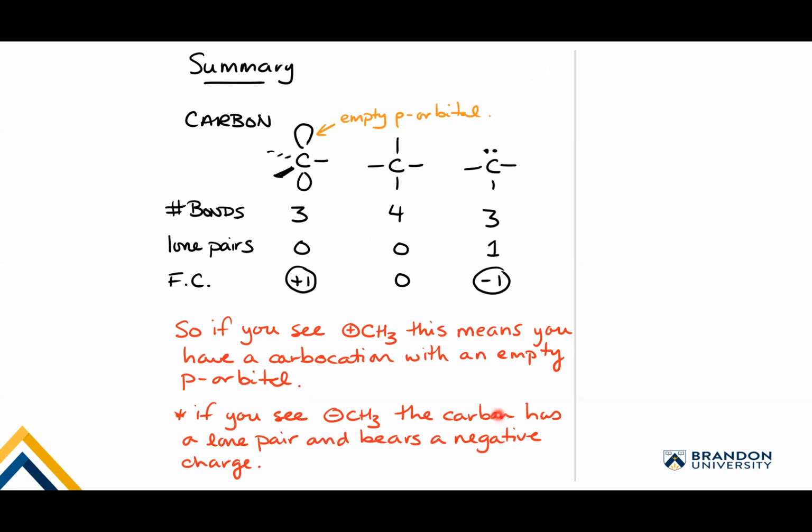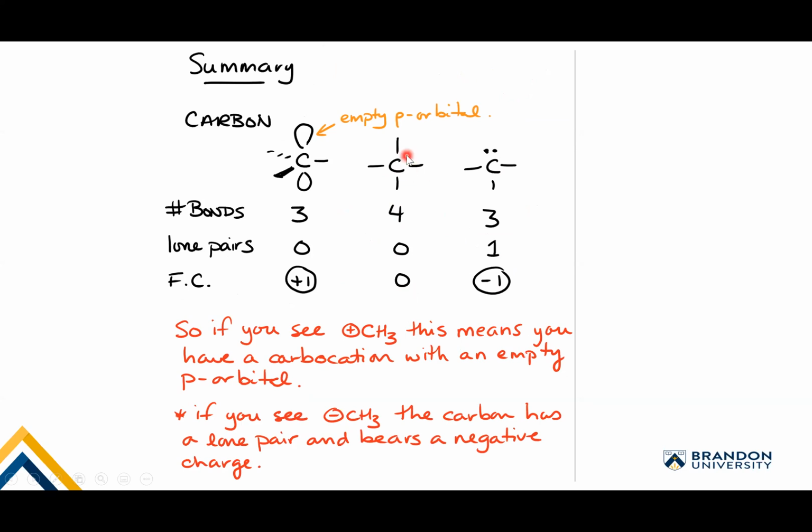Okay, so the next little bit is basically a summary of carbon, oxygen, and nitrogen. Carbon typically has 4 bonds and no lone pairs, and its formal charge is 0.